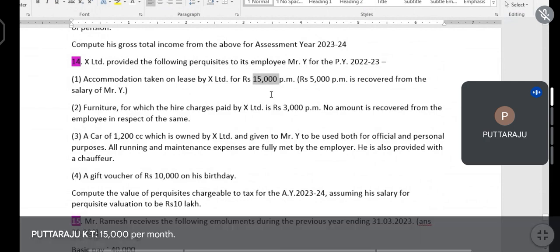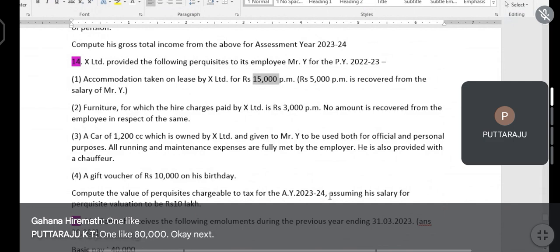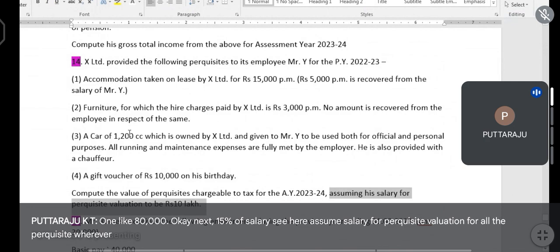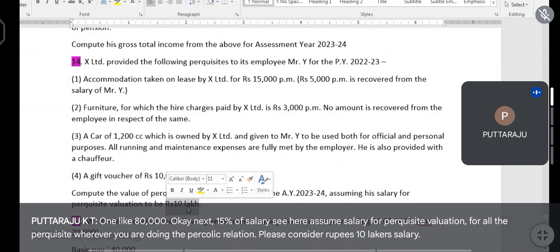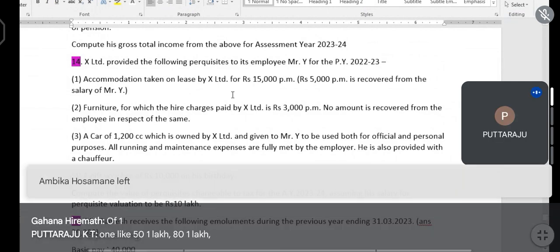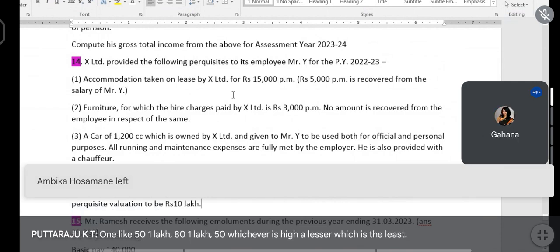Therefore, for the year, 1,80,000. Next, 15% of salary. Assume salary for perquisite valuation. For all the perquisites, wherever you are doing the valuation, please consider rupees 10 lakh as salary. 15% of 10 lakh is 1,50,000. Of 1,80,000 and 1,50,000, whichever is lesser, the least is 1,50,000.